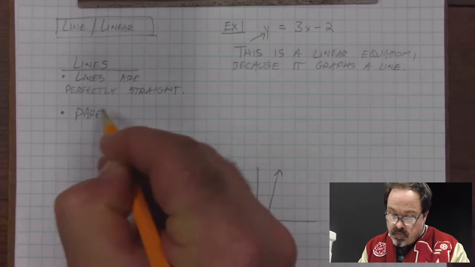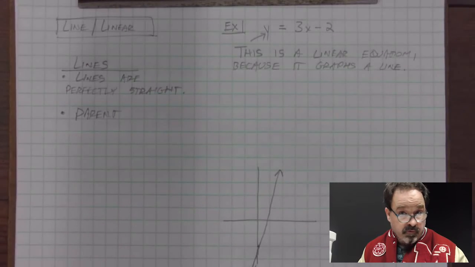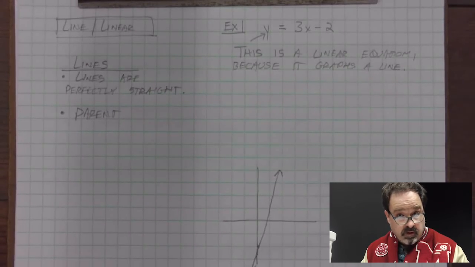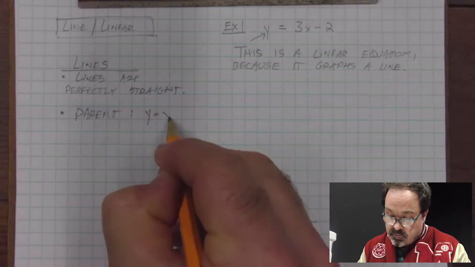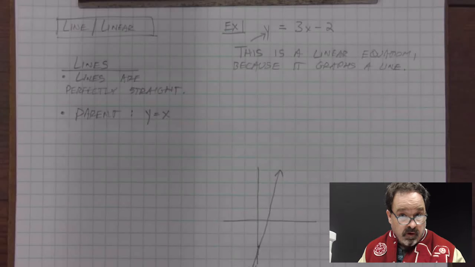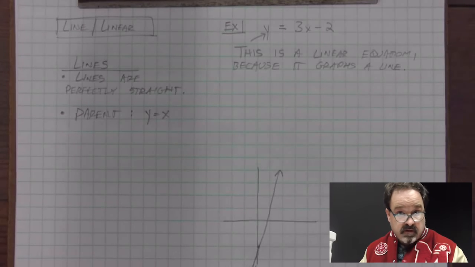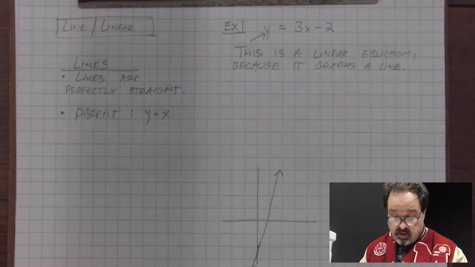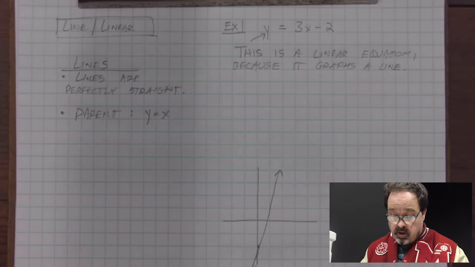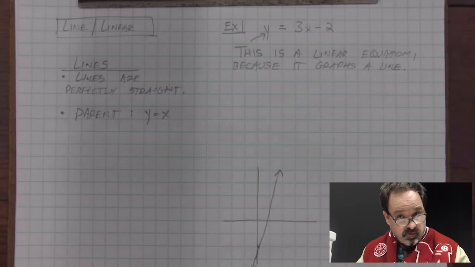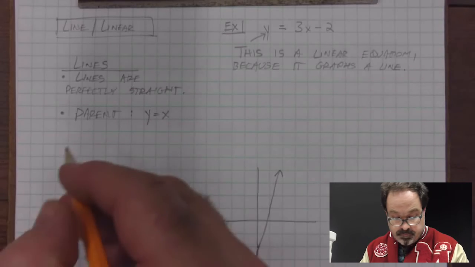We have the most simple or the most basic equation of a line, and that is the equation y is equal to x. If we want to talk about linear equations, this is as simple as it gets. And we use the word parent to refer to the equation that is the most simple one.